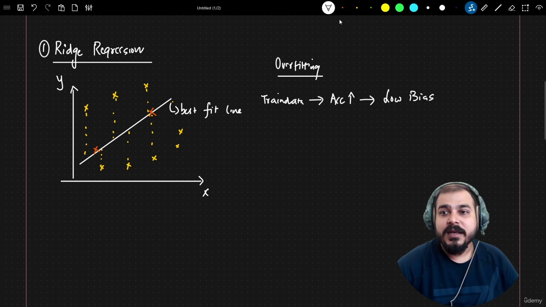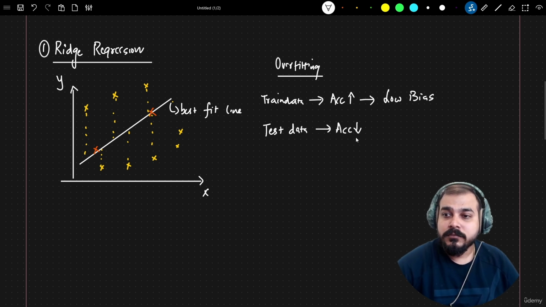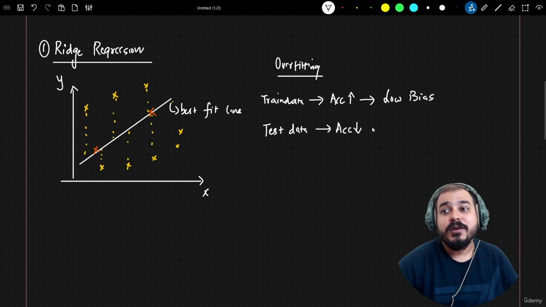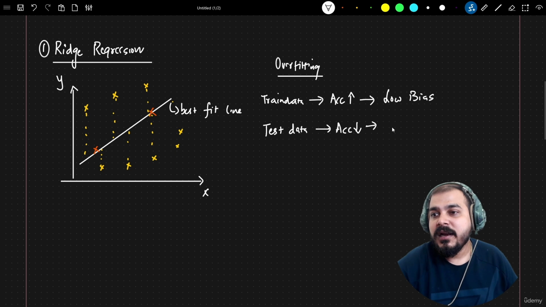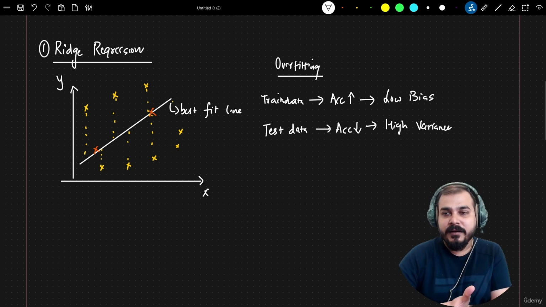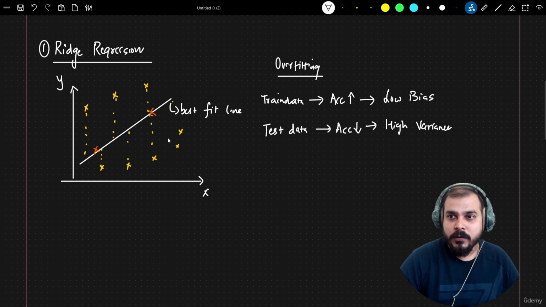Similarly, with respect to the test data, the accuracy is low. For the trained data the accuracy is high, but for the test data the accuracy is low. And whenever we use test data, I am going to use something called variance, and in this scenario it will be high variance. Okay, so this is the problem that is happening. It is overfitting in this scenario, right?